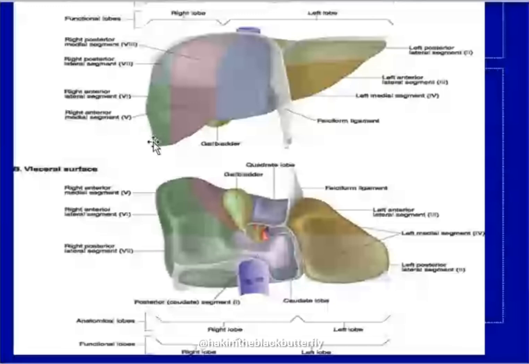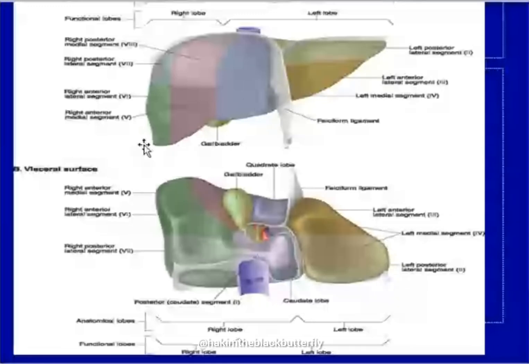And the boundary between the left functional lobe and the right functional lobe is an imaginary line between the gallbladder and the inferior vena cava. That imaginary line we call the main lobar fissure. The imaginary line between the gallbladder fossa and the inferior vena cava is the main lobar fissure, and it's the boundary between the left functional lobe and the right functional lobe.